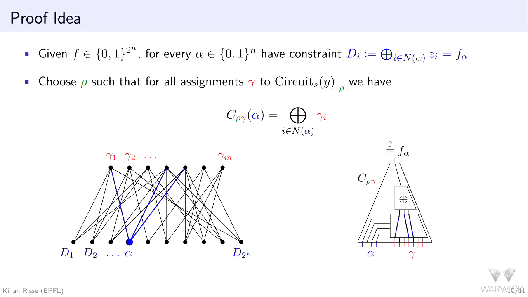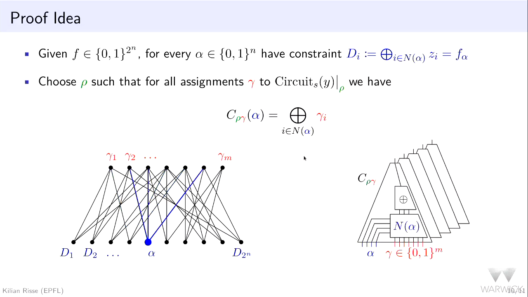Okay? And remember that the second part of our formula actually makes sure that this should be equal to f sub alpha. So you should think of this right-hand side, or this constraint vector f, as the truth table that we're given. Okay? So now this family of circuits will have size 2 to the m, one for each assignment to these z variables.